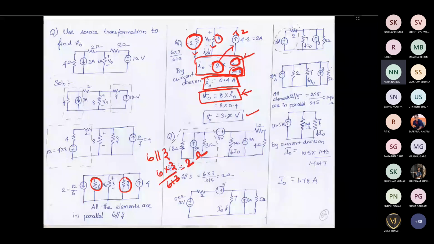Actually, if you ask me, can't I find the same thing using mesh, nodal and superposition theorem? Of course you can find the same voltage using mesh, nodal or superposition theorem. However, this is one technique that will be useful for several circuit reductions.